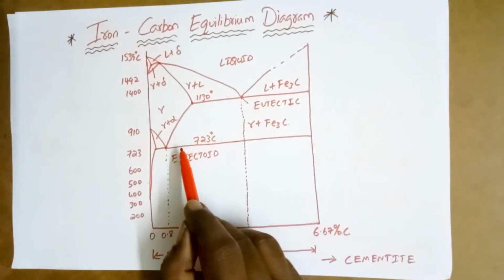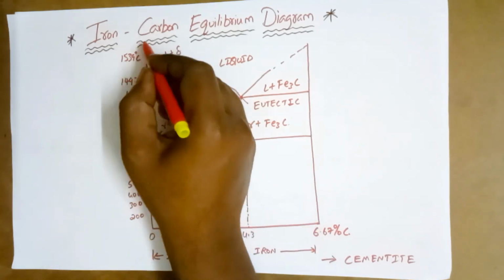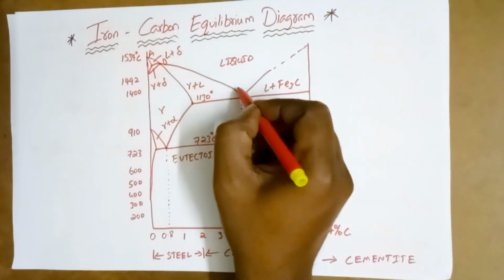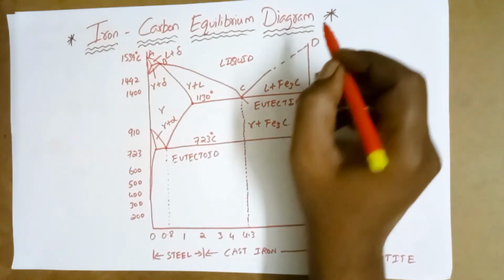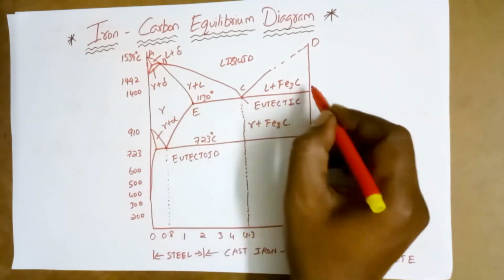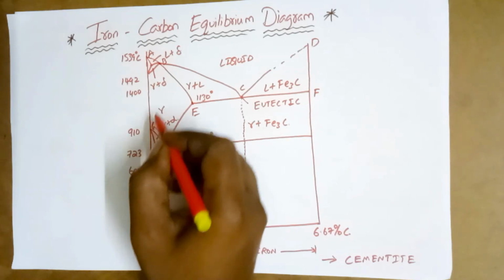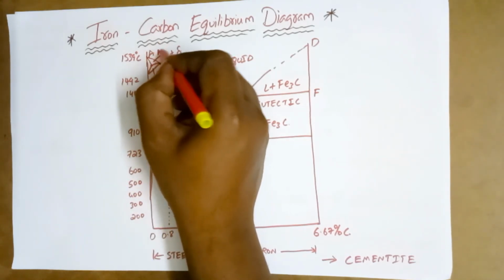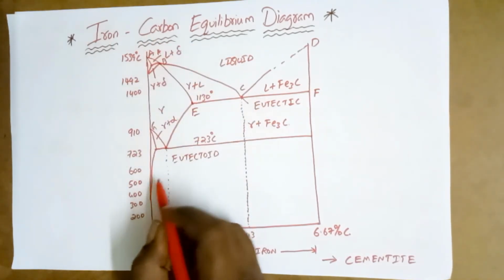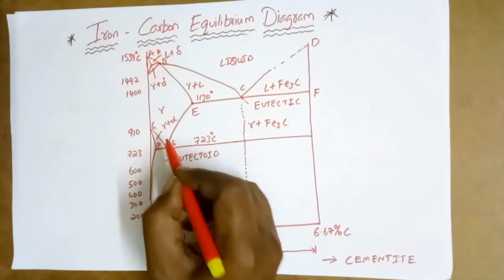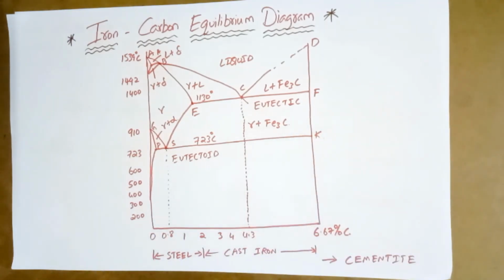If you give some names, this is A, B, C, D, E, F, G, and here you can use H, and this is P, S, K.